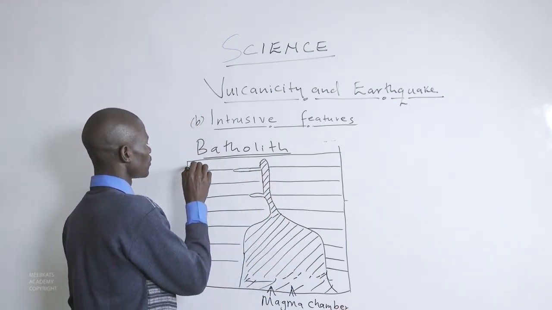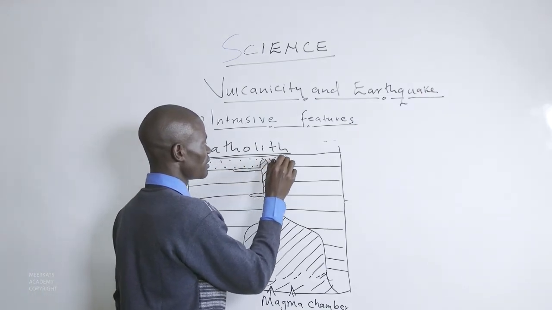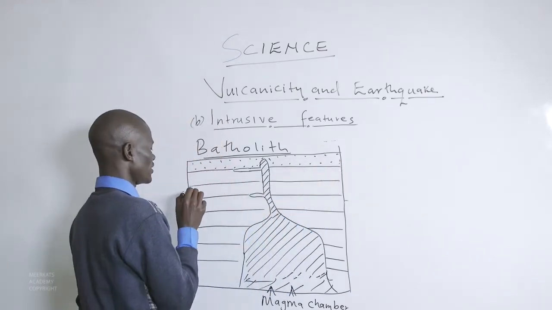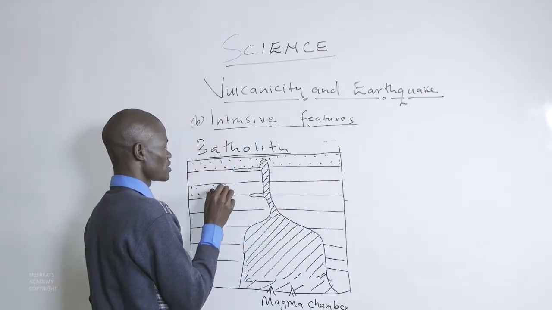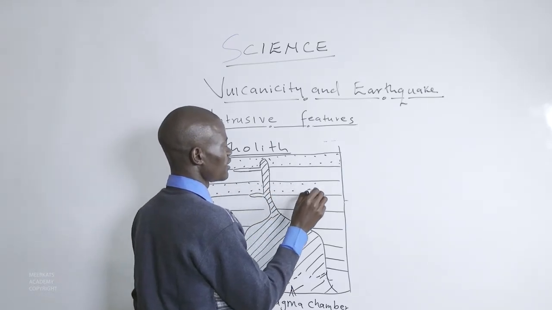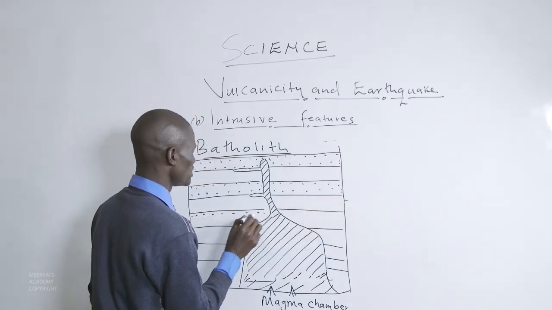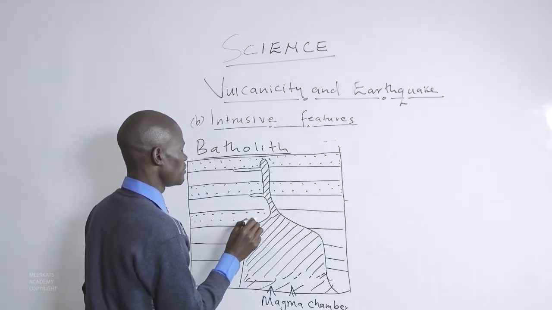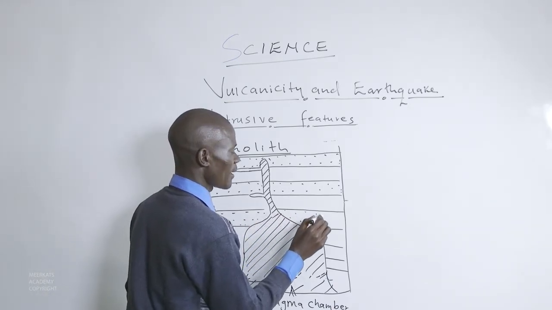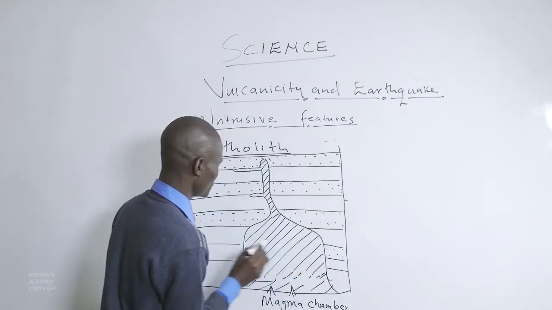And then we look at various bedding planes of the earth crust. Remember, the earth crust is made up of different layers. You may be able to remember those different layers of the earth crust. And therefore, when this landform, we call it a batholith, is being formed, it will cool and solidify within the bedding planes.